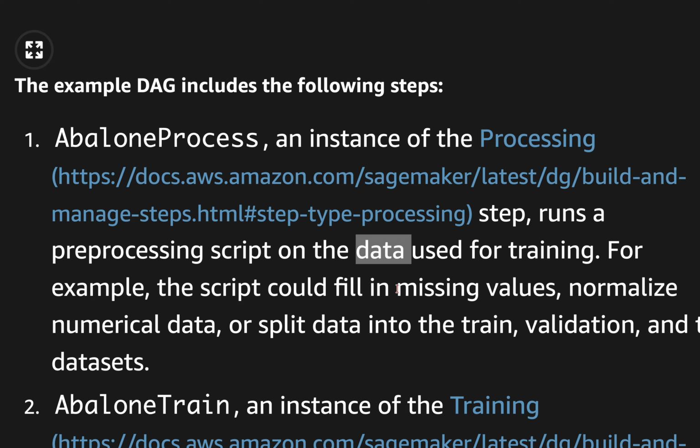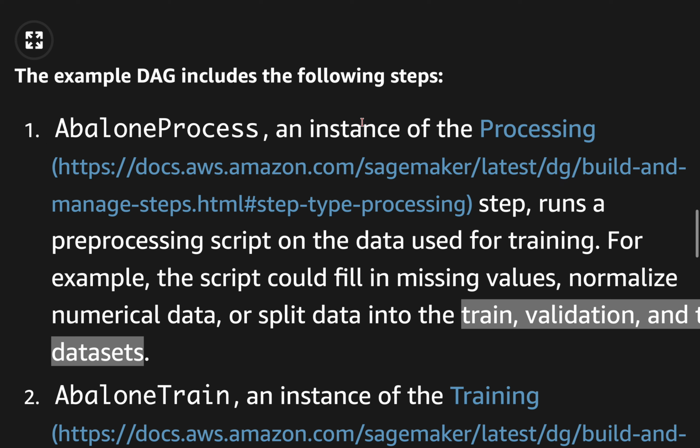This data is likely to fill the missing values. It will normalize the numerical data, and it will also split into three data sets. Okay, so this is the part of the process step.